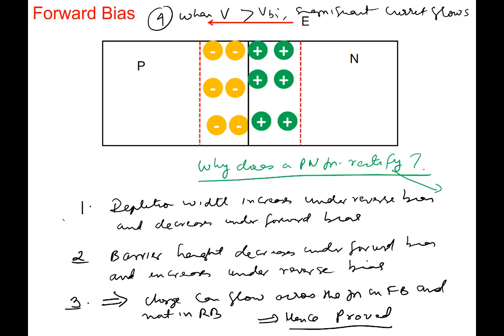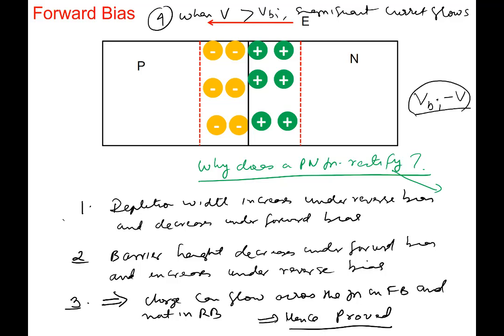So you are saying I've removed the barrier? No, wait. You're saying I've removed the barrier. Because we just saw that the barrier becomes VBI minus V, right? By drawing the band diagram. If you make V larger than VBI, you're saying I've eliminated the barrier.